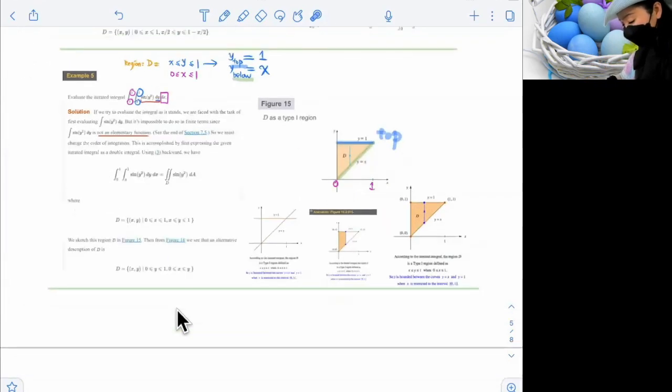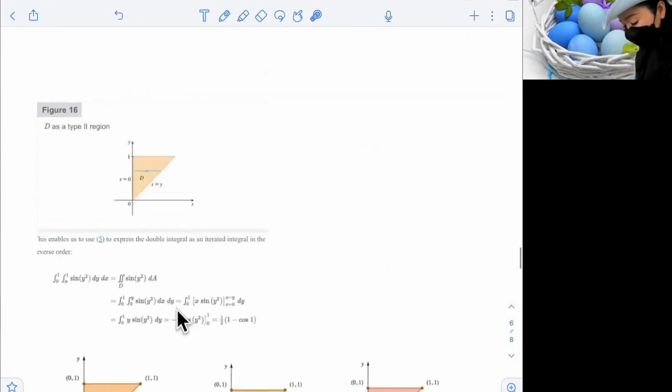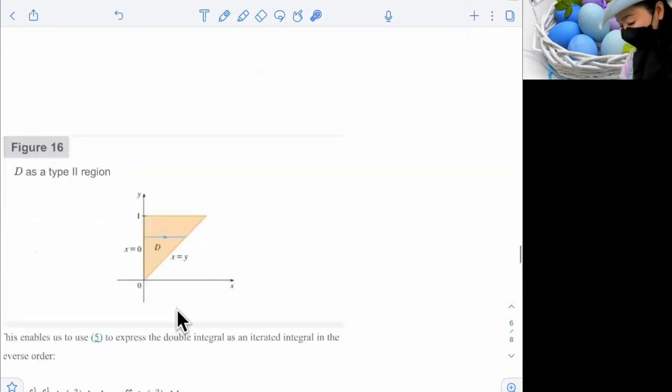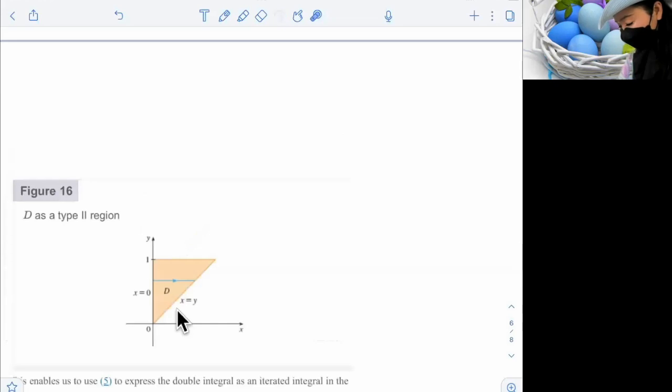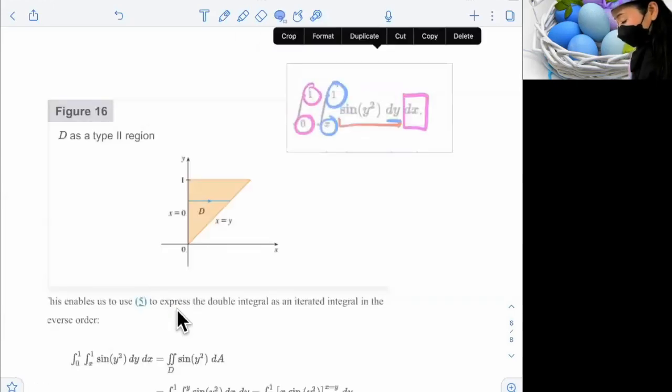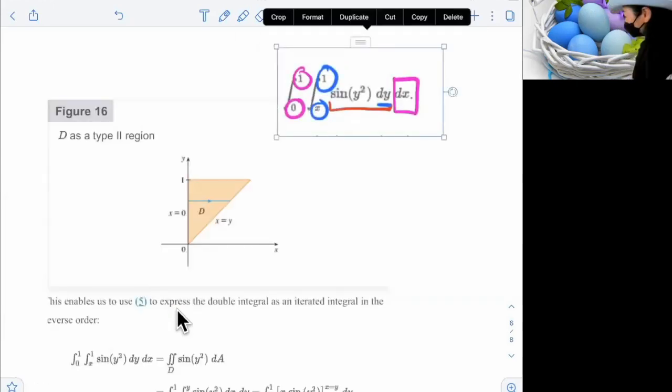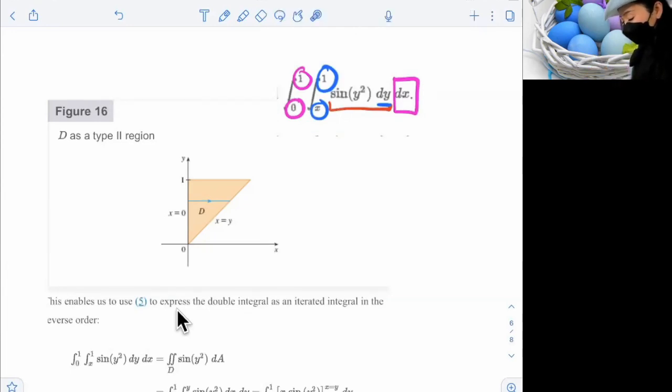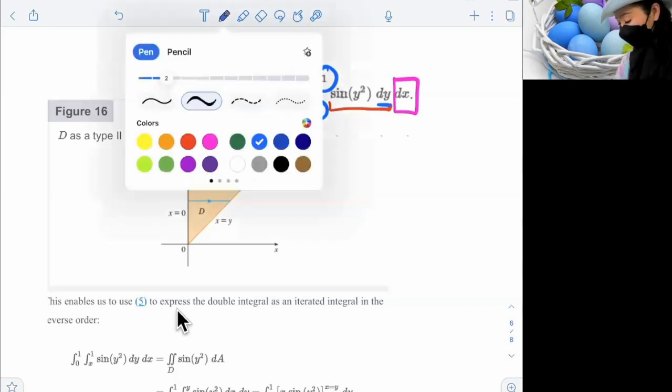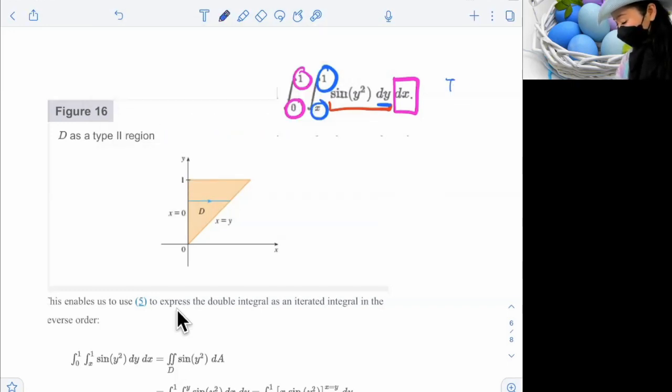So what do we do? What was the function that we tried to integrate? That was the integral, and it doesn't work because we can't do it using those integration methods. So now we're going to reverse the order of integration. This is the type 1, like this.